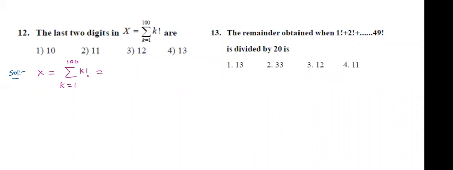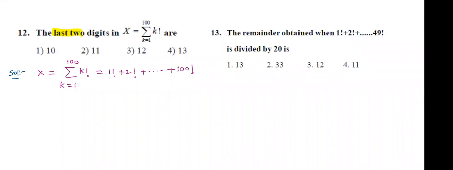That means 1 factorial, 2 factorial, plus and so on, finally 100 factorial. The sum of these total terms, then identify the last two digits. Last two digits means the unit place and tens place.